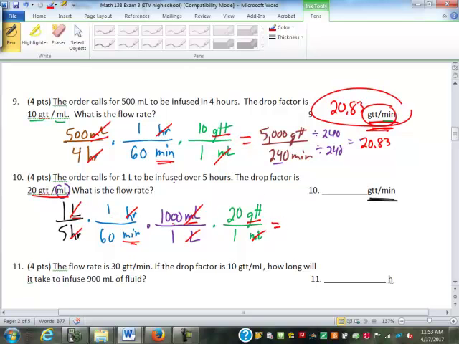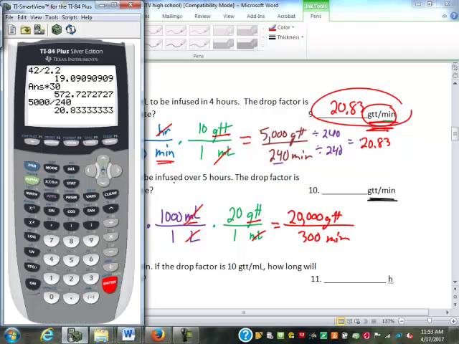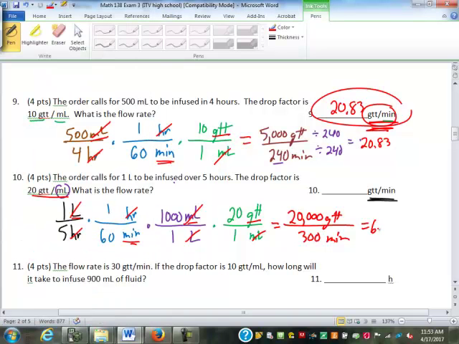So 1 times 1,000 times 20 drops is 20,000 drops. 5 times 60 minutes times 1 is 300 minutes. So 20,000 drops divided by 300 minutes is 66.67 drops per minute.